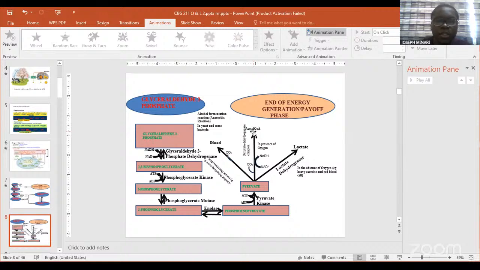So the journey continues as glucose is broken down to pyruvate through the preparatory and payoff phases, and then the fate of pyruvate is determined by the presence or absence of oxygen, and also by the organism or cell.